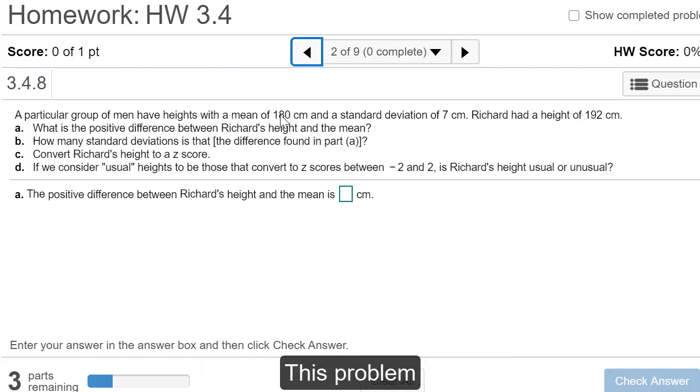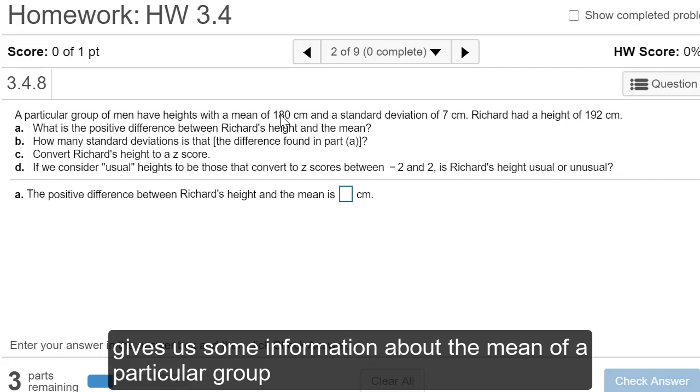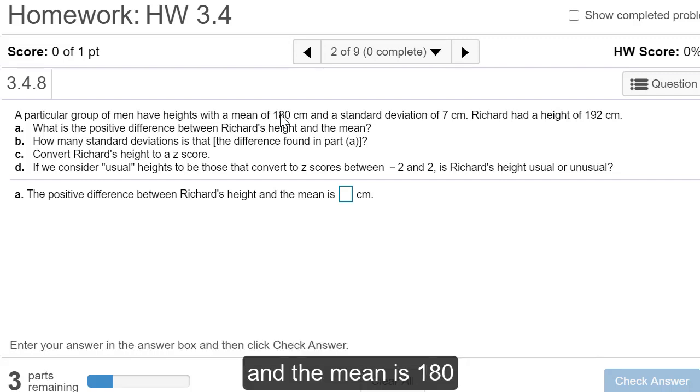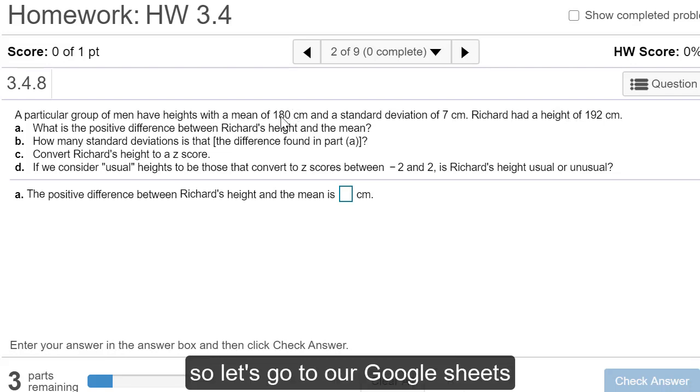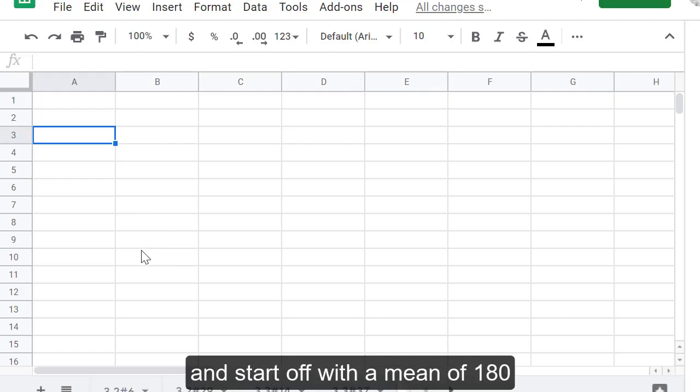This problem gives us some information about the mean of a particular group, and the mean is 180. So let's go to our Google Sheets and start off with a mean of 180.